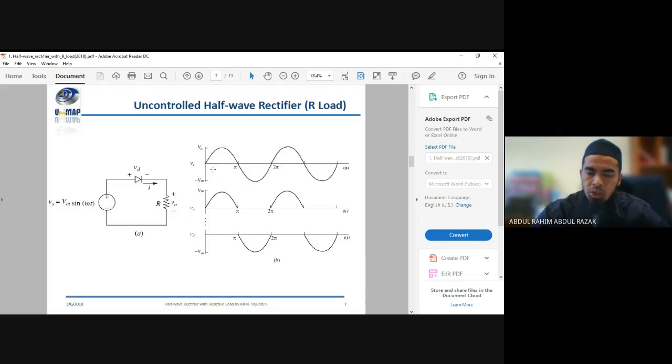What you can see from your scope or simulation is the instantaneous value. At t equal to 0, the output is 0. When it reaches pi divided by 2, which is 90 degrees, it reaches the peak value. So this is your instantaneous value, and this is your peak value here.